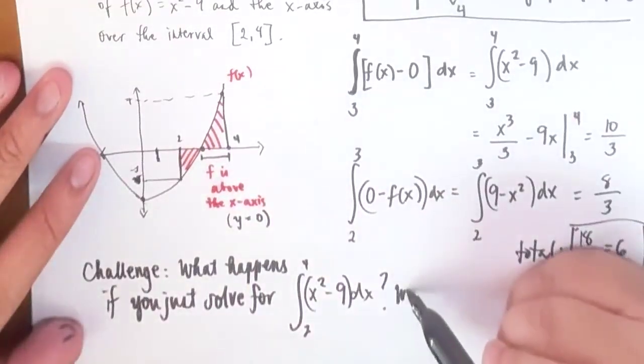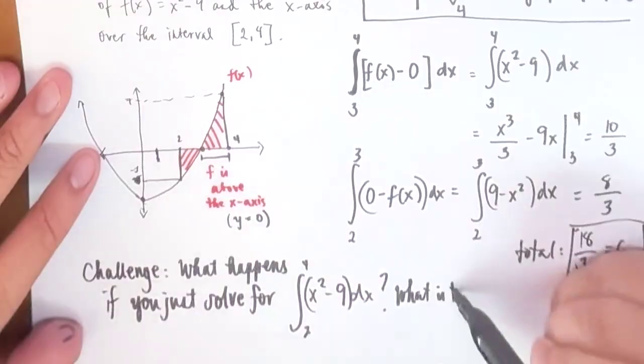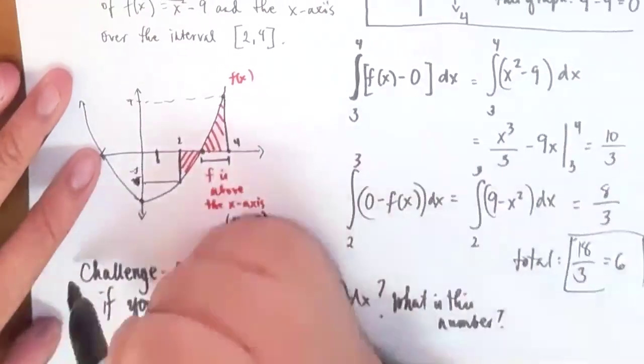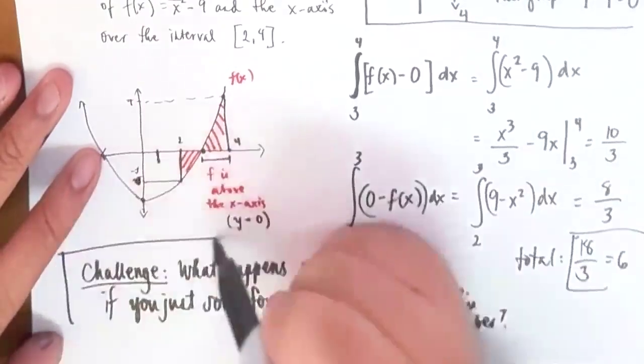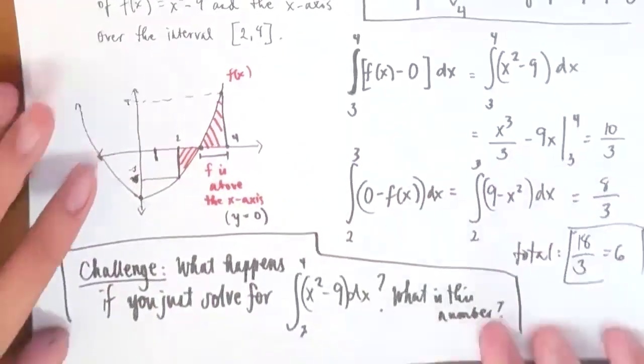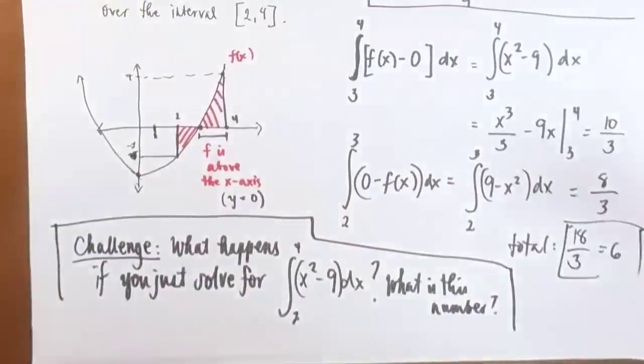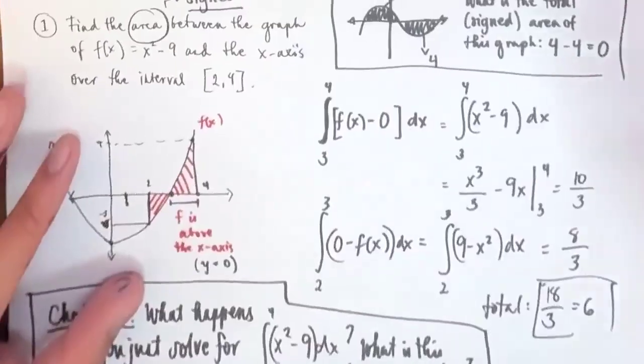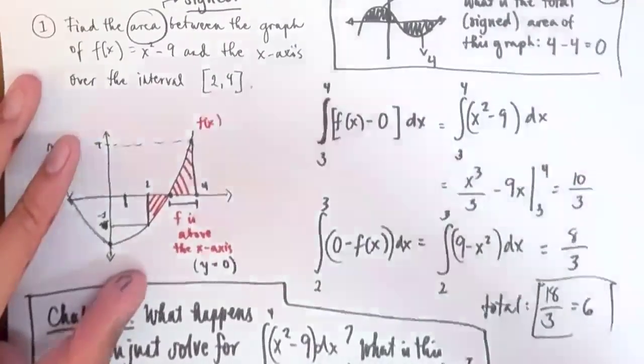What is this number? When I ask what is this number, I'm not asking what the number is. I'm asking what is that number in relation to the lesson, right? So this is page 5.